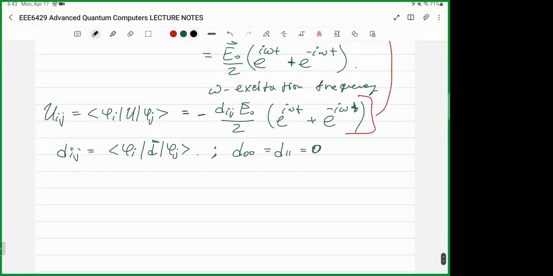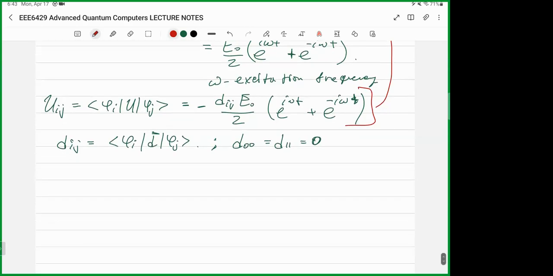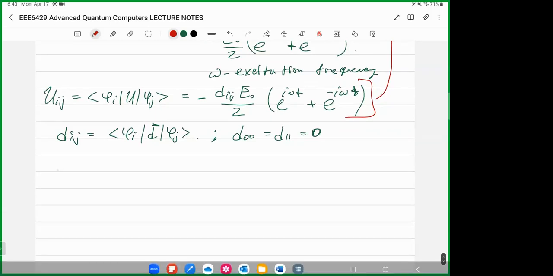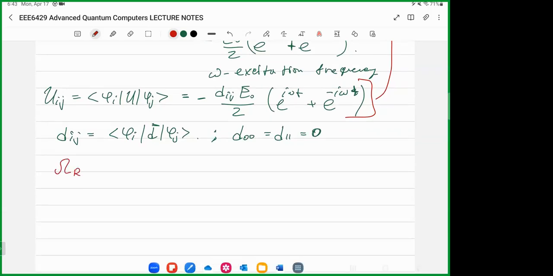At this point, we can also introduce a very important quantity, which is called the Rabi frequency.